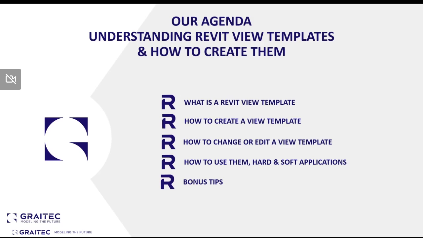So we're going to look at what the Revit template is, how to create it, how to change and edit the template, how to use them, and discover the subtle differences between what I call a hard and a soft application. And depending on how time goes, I'll include a bonus tip or two as well.